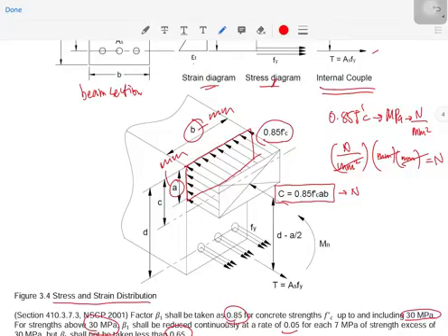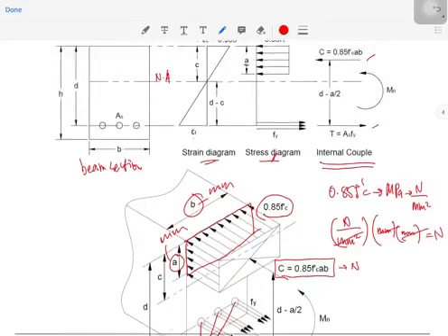Okay, the same with the tension side, where these are the stresses for your bars. This one here is As, the area of the steel. The area of the steel will be multiplied by your yield strength fy. So you have the tension force here, that is equal to As times fy.